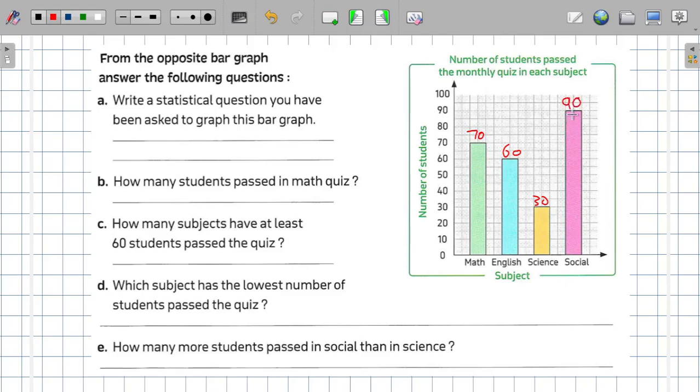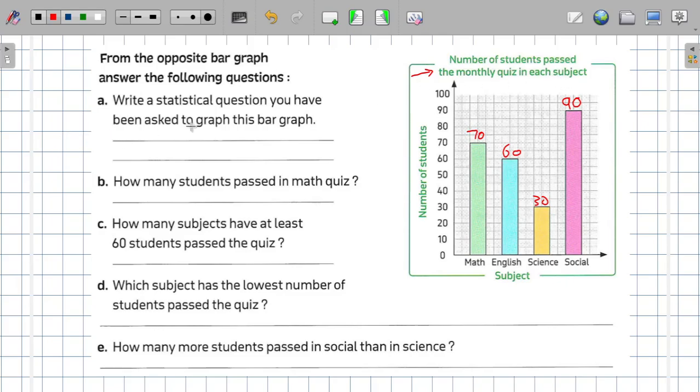Okay. So our first question is about, I want to write a question. I have been asked to graph this bar graph. Okay. So if I look to the title of the graph, I will get the question. So I'm asked about the number of students who passed the monthly exam or the monthly quiz in each subject.